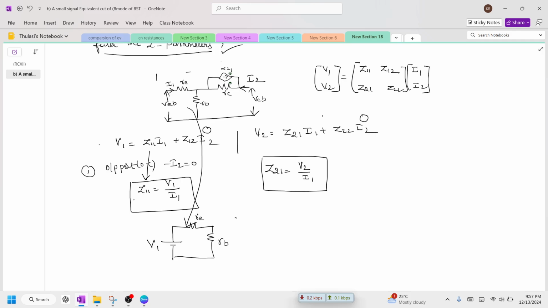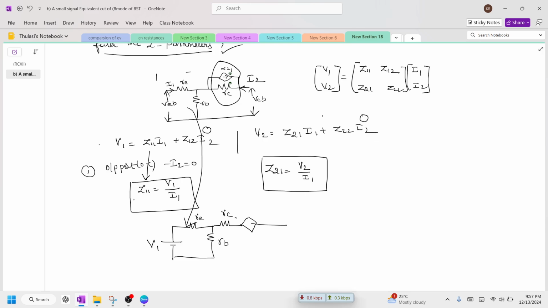So here you can see this is like a current source in parallel to a resistor. I'm applying source transformation and converting into a voltage source. So therefore I'm going to get a resistor in series, and this current source multiplied with the resistor will be converted into voltage.